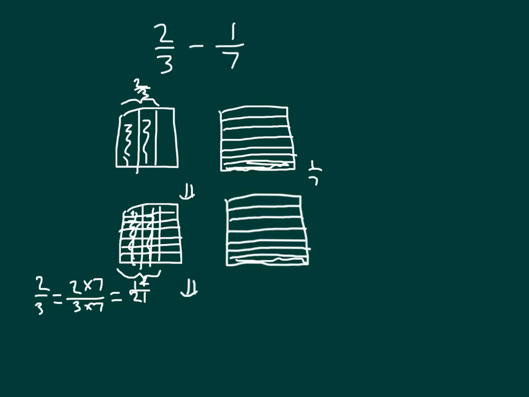So we have 14 21sts here, but we can't subtract 1/7 from it unless we convert it and have an equivalent fraction for 1/7. Let's draw our vertical lines. We only have to draw 2 to divide it into 3 parts. So we have 1/7 here, which is equal to 1, 2, and 3 21sts.